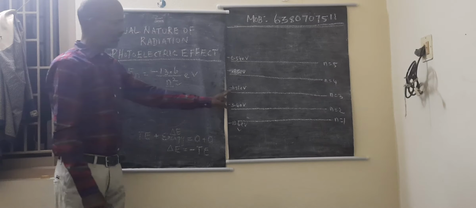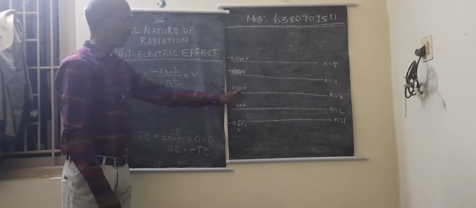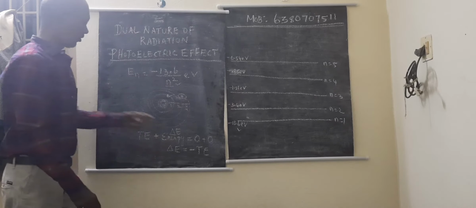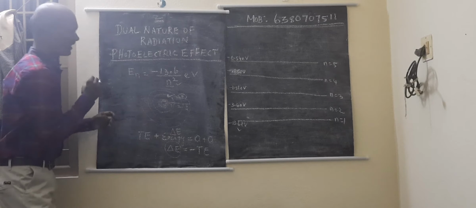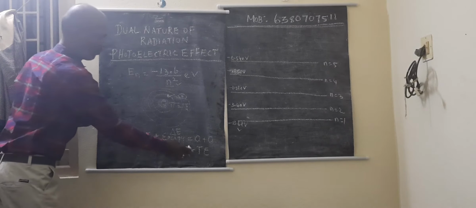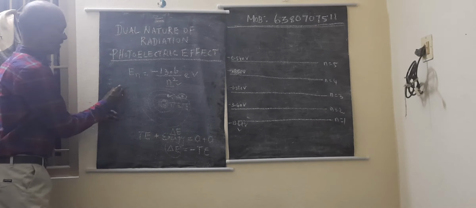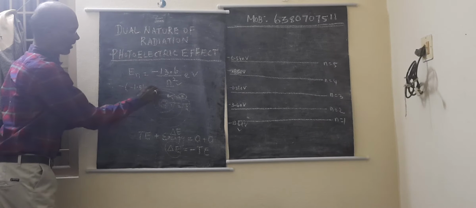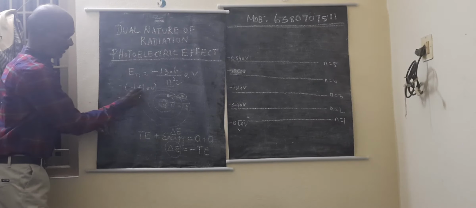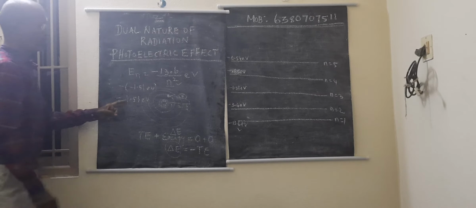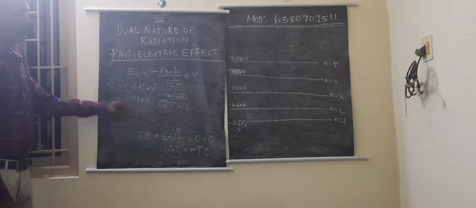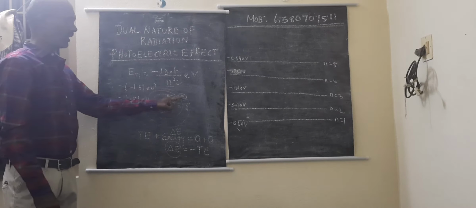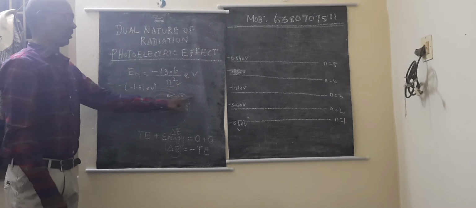The total energy is minus 1.51 electron volt. So we have to supply an energy equal to minus of total energy, that is minus of minus 1.51 electron volt, that is plus 1.51 electron volt. If we supply this amount of energy, we can remove an electron from the third orbit.